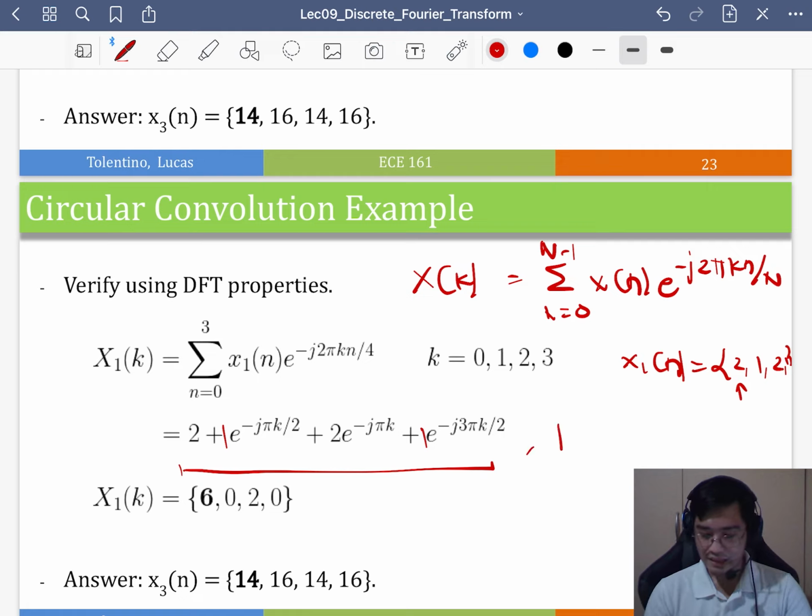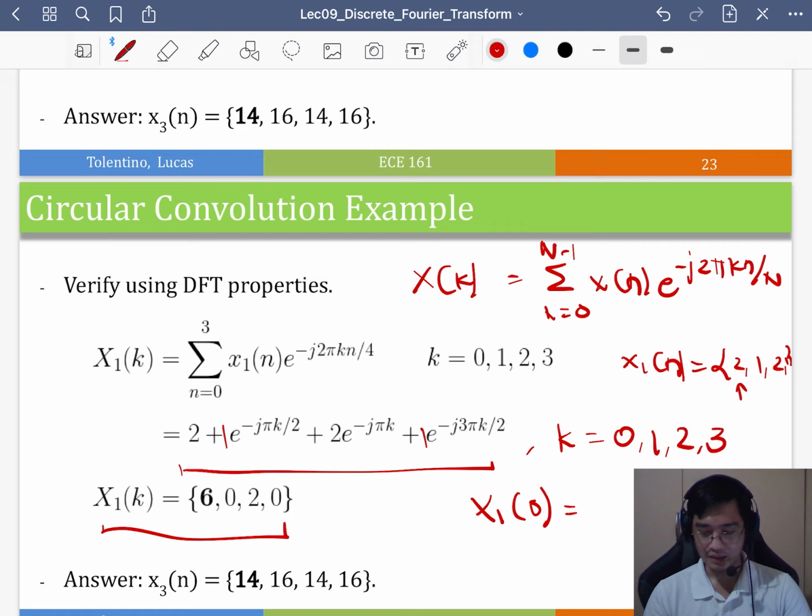Take note, k is from 0, 1, 2, 3. So if you want to get this kind of expression, you should obtain x1 of 0. For example, x1 of 0 is, substitute 0 in your k. All of these exponentials are equal to 1. So 2 plus 1 plus 2 plus 1 is equal to 6.